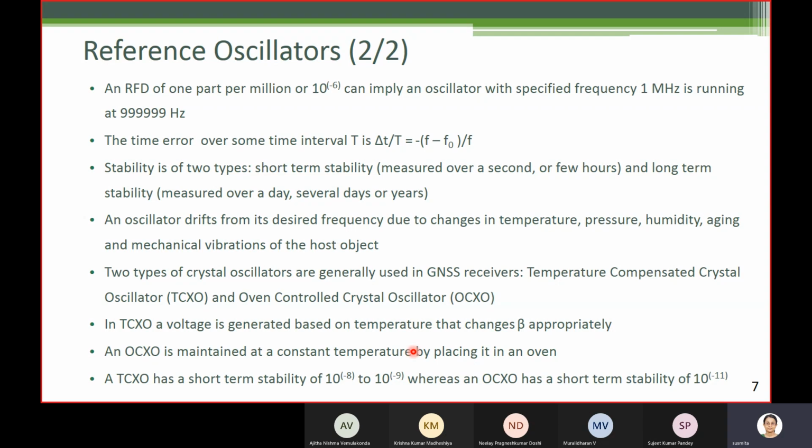And a chip scale atomic clock would cost a few lakhs. But it can be expected that over the years, the price would come down, and then chip scale atomic clocks would be used in receivers. But now that is not the reality. Some receiver manufacturers use them, but most of them use TCXO or OCXO in receivers.